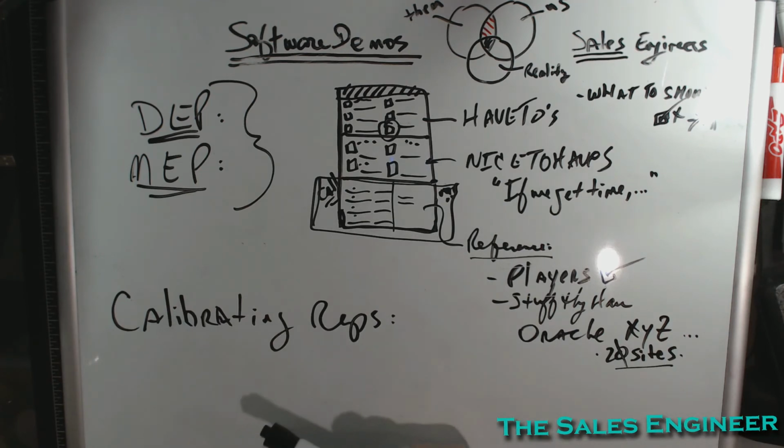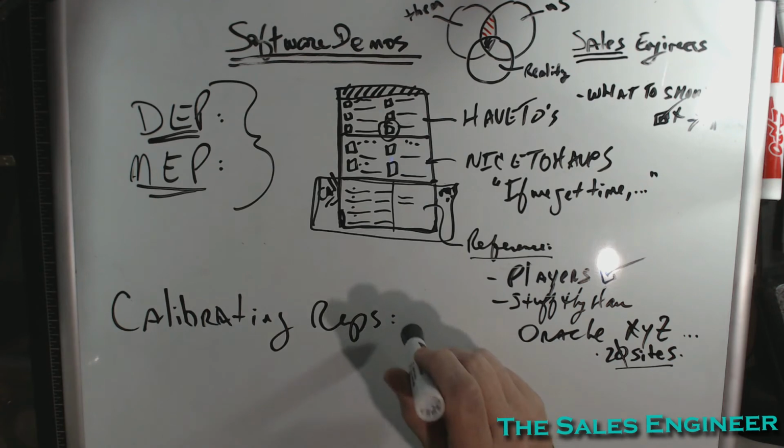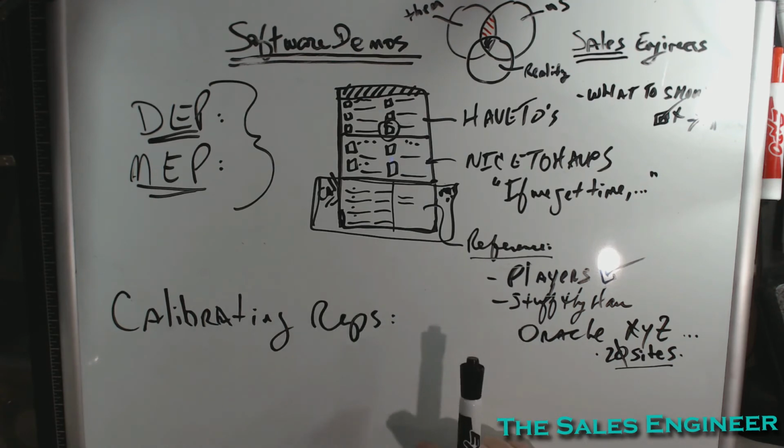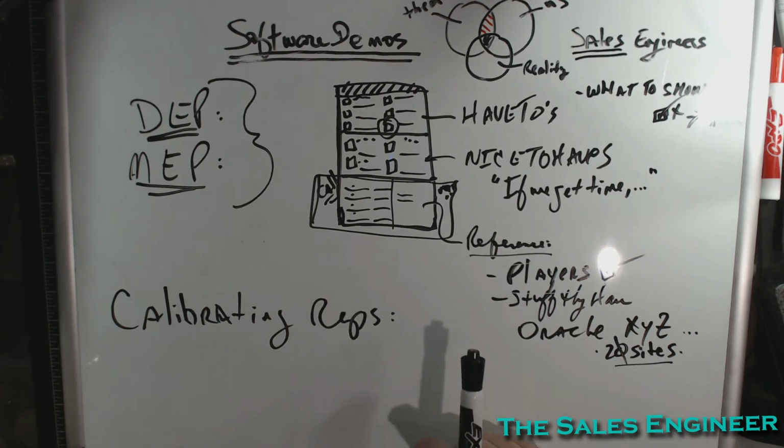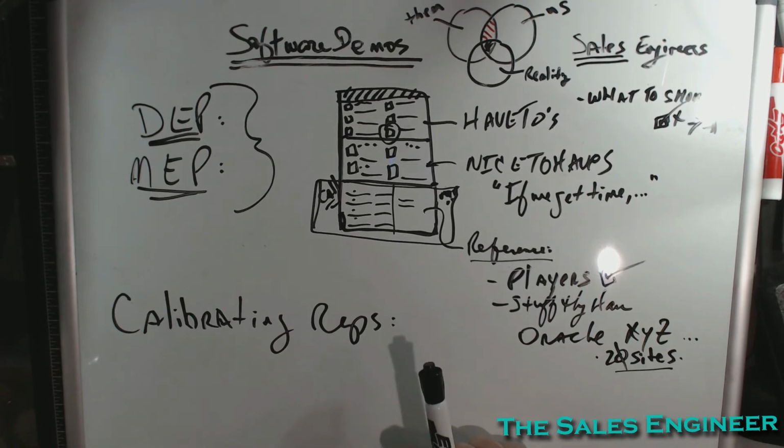Calibrating your reps involves, remember I said there's different styles for every rep. The fact is that you are tasked with making them successful. Really, you are. Your job really has nothing to do with software and hardware and programming and all that.